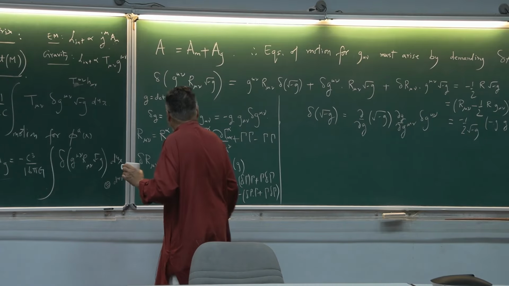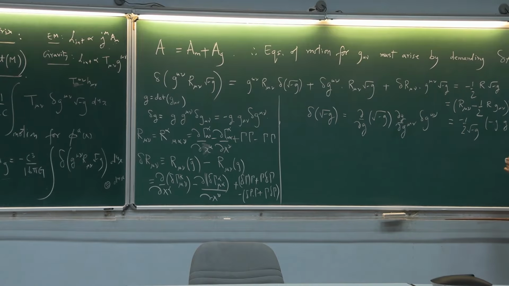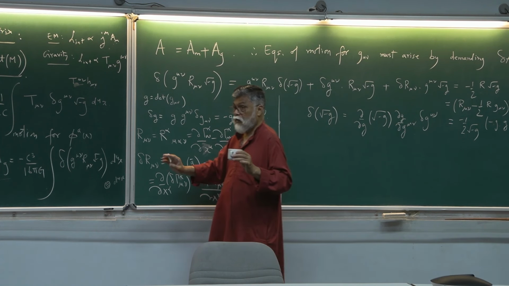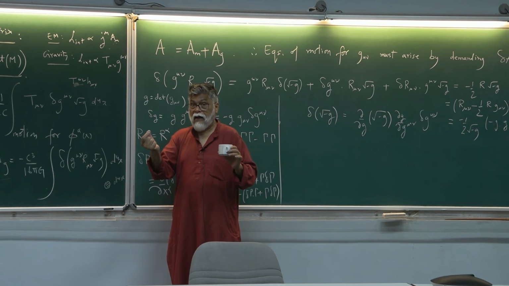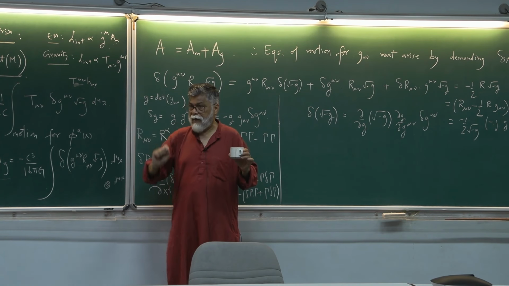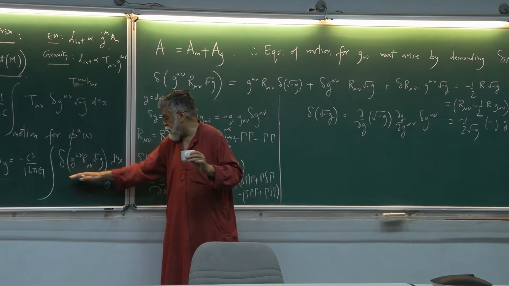In the small 4-volume element, delta R mu nu into g mu nu into root minus g d4x is a scalar. So it doesn't matter in which frame I am evaluating this quantity.